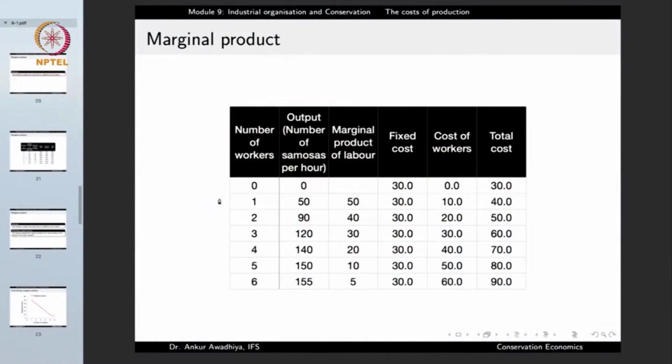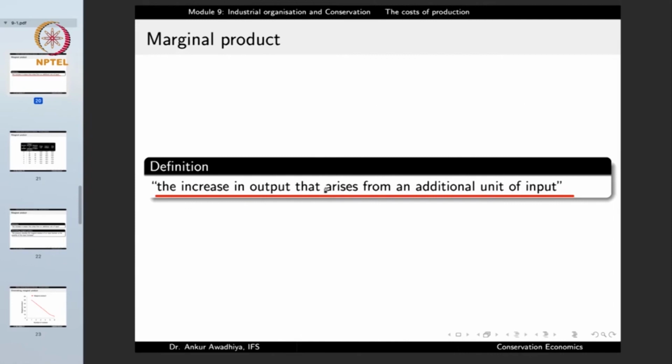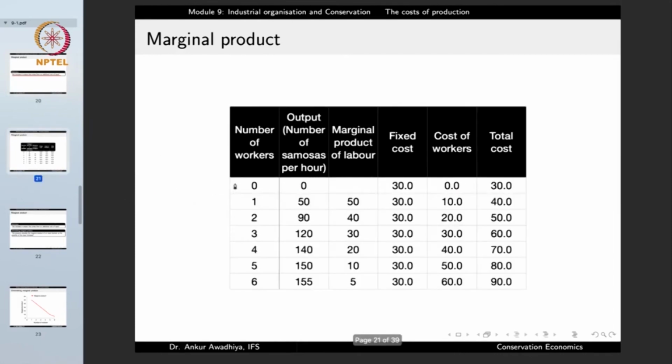Now, if the firm employs one worker and the output of samosas becomes 50, marginal product asks: how much is the increase in the output because of one additional unit of input? In this case, the input is labor. So the marginal product of labor is 50 minus 0, which is 50.